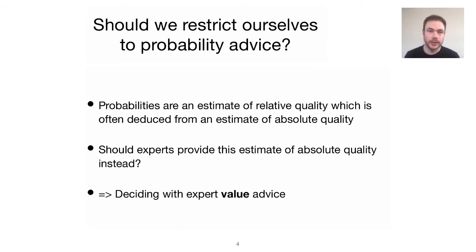Now again, we can simply aggregate value advice by averaging the advice over all the experts and making a decision based on this average. In both this case and the majority vote proposed for probability advice, we treat experts equally. When experts aren't uniform in their expertise, however, we can give a higher importance to the better experts.